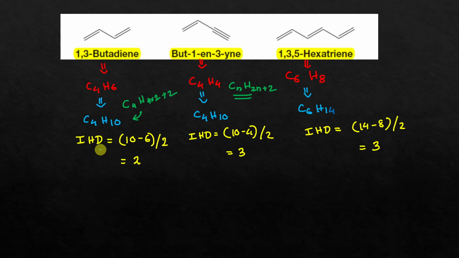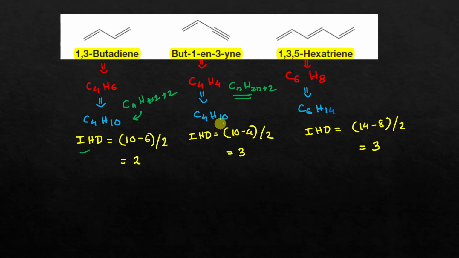Now the IHD will be calculated simply by using the following equation. First of all, you put the number of hydrogen atoms of the corresponding acyclic alkane, that is 10, minus the number of hydrogen atoms of the compound for which you have to calculate the IHD, that is 6. So 10 minus 6 divided by 2, so it will be 2. That is the IHD of this compound. Similarly, here also the same thing.